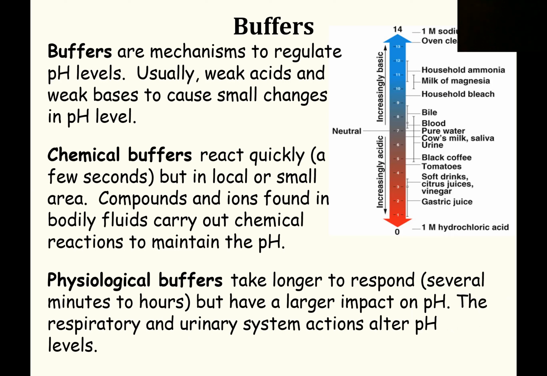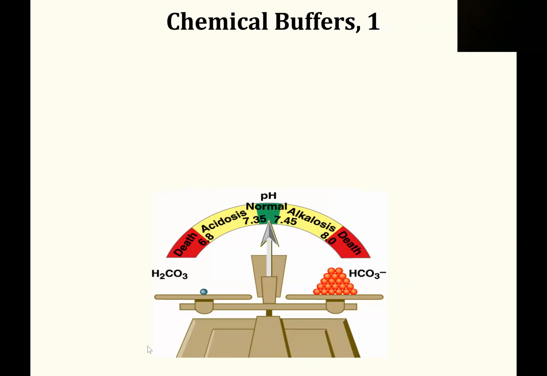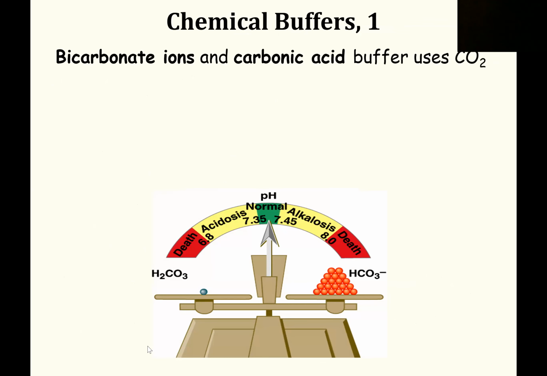And that's why those two systems are put with this chapter, because they regulate pH levels and they regulate fluid levels. Okay, so chemical buffers. 3 examples is what we're going to go over.